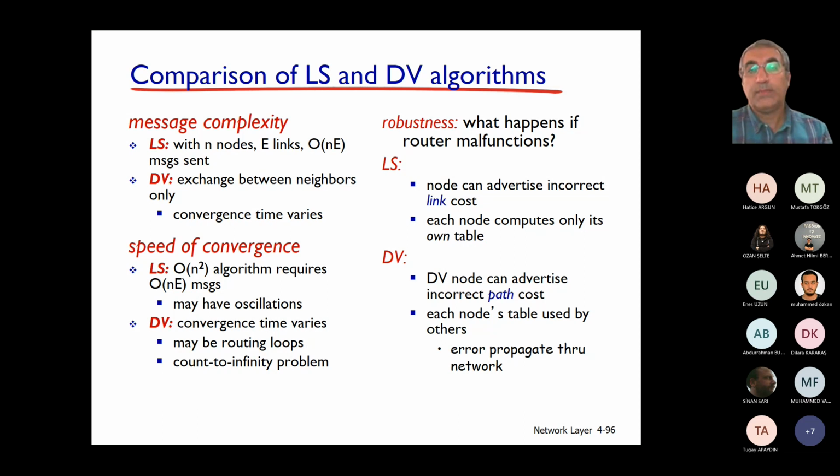That's why there's no dependency, and this error does not propagate over the network. But in case of distance vector, a node can advertise an incorrect path cost, and because this information is utilized by other nodes, the error propagates through the network.